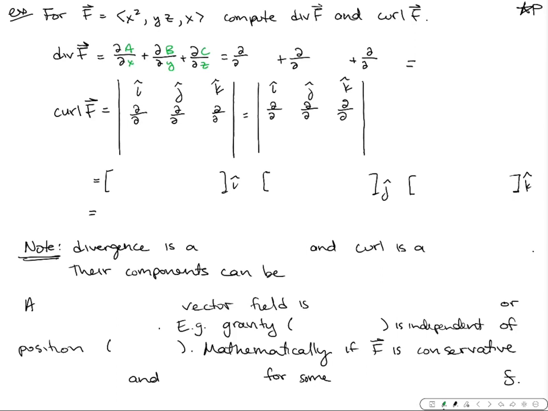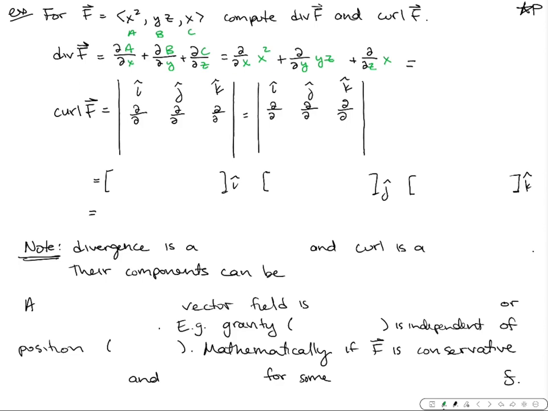So for the particular F we have, our A, B, and C components are just those first, second, and third entries of F. So we're going to be taking d/dx of the first component, which is x squared, then d/dy of the second component, which is yz, and then d/dz of the last component, which is just x.